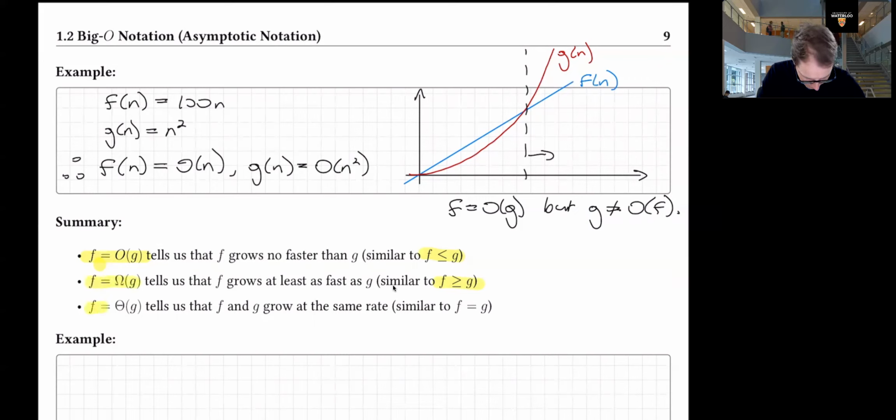And if f is equal to big theta of g, that's similar to saying that f is equal to g. So the first one, f grows no faster than g. The second one, f grows at least as fast as g. And the third one, f and g grow at the same rate.